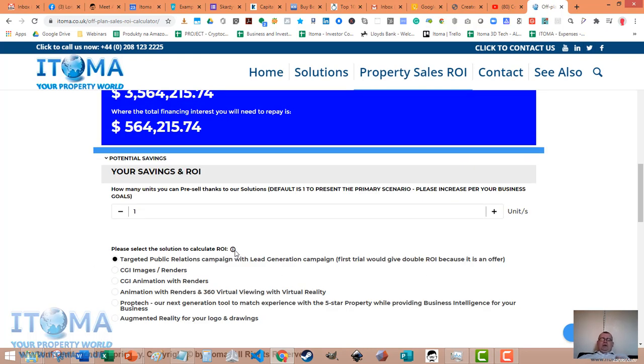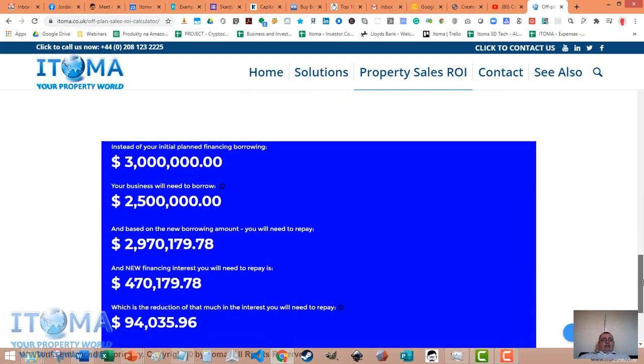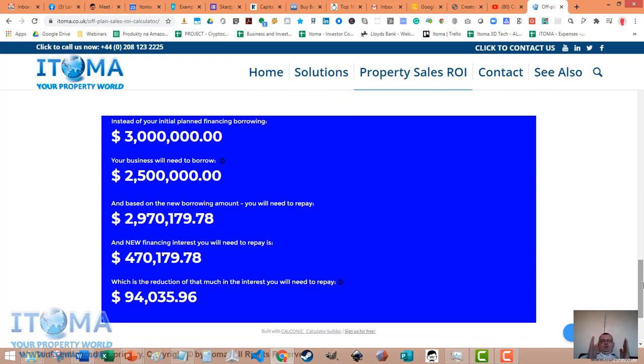Let's say that we are taking the most popular solution for off-plan sales deal pipeline, which is CGI animation and renders, as one of the examples that you can select here. So now the business case looks like that. Instead of $3 million, you need to borrow $2.5 million. Why? Because we helped you sell at least one property.